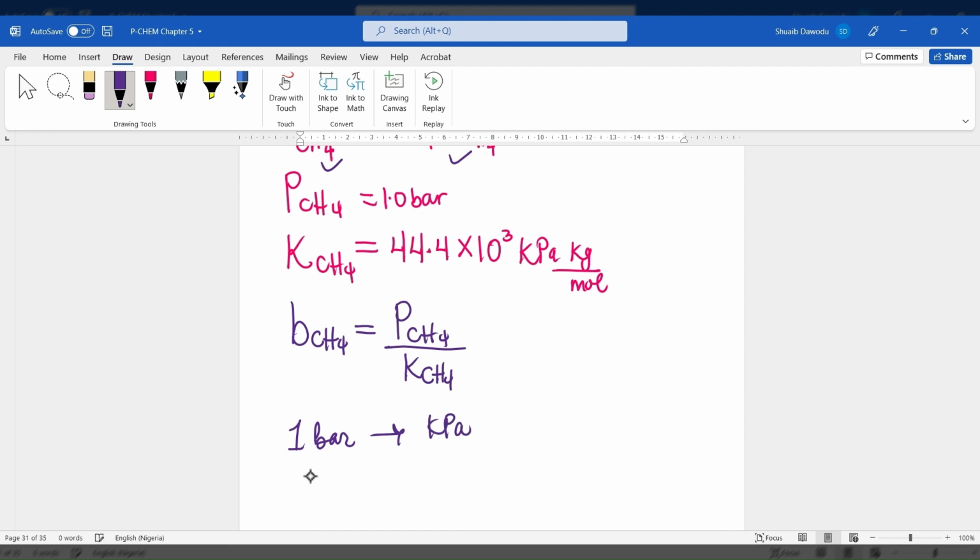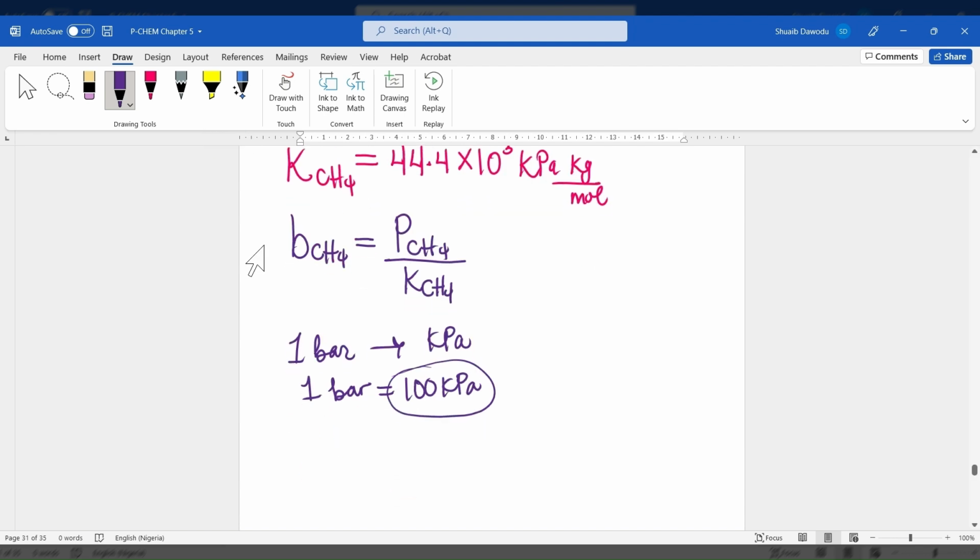Therefore, 1 bar is equal to 100 kilopascal. This was explained again in chapter 1 of the Atkins Physical Chemistry 11th edition, which is simply how to convert between pressure units, between volume units, and of course, how to convert from Celsius to Kelvin. So this is a known value. So we're going to substitute 100 kilopascal instead of 1.0 bar.